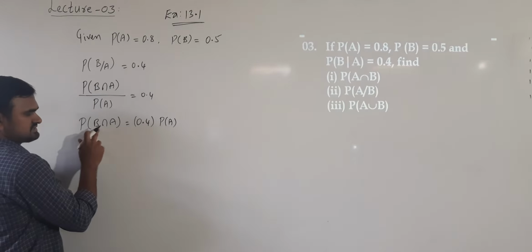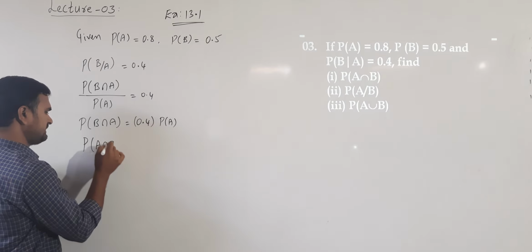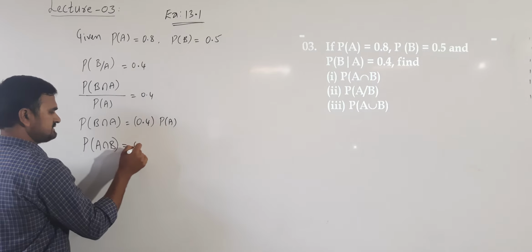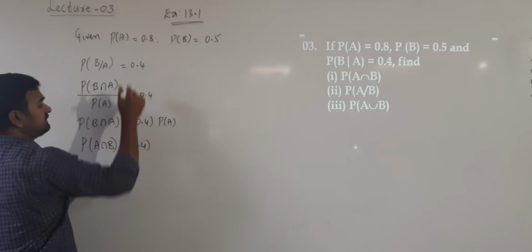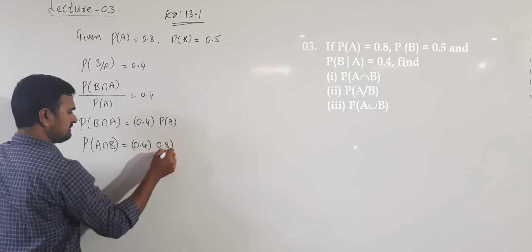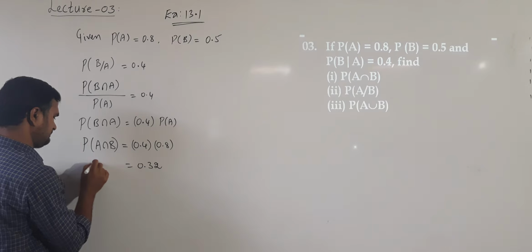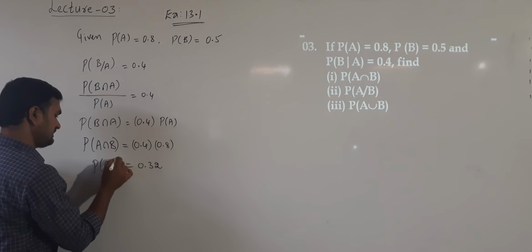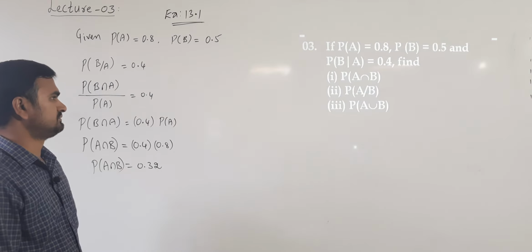P of B intersection A or A intersection B both are same only. So I write probability of A intersection B is 0.4 times P of A, 0.8 given. Multiplying, we get 0.32. So required probability of A intersection B is 0.32.